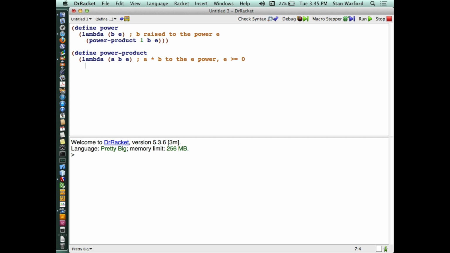So what is our base case? I say if equals E 0. It's A times B to the E power.